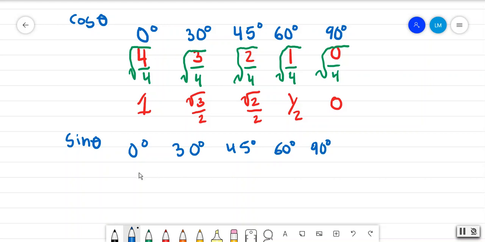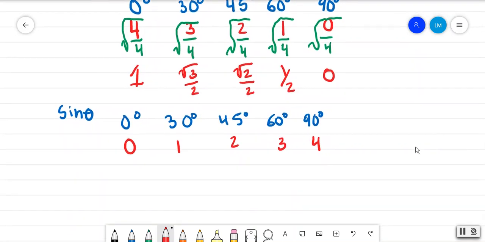However, you know that it's going to be the opposite, so you have 0, 1, 2, 3, and 4. Furthermore, you would divide everything by 4.